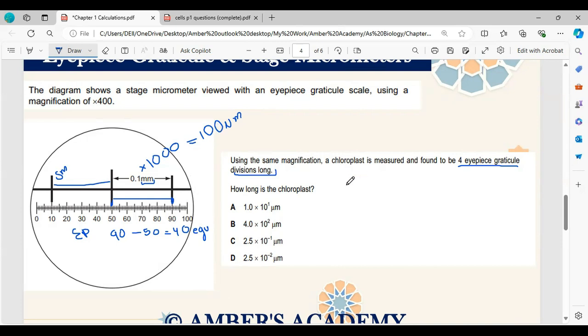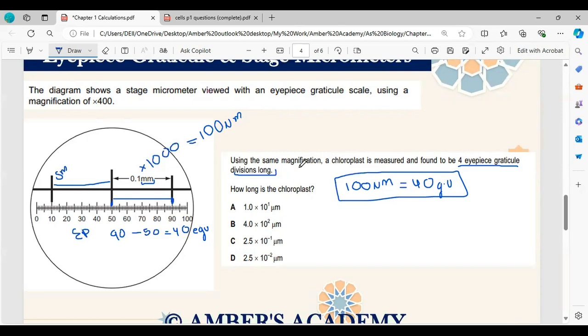With this being said, we are now able to establish our relationship, which is 100 µm of stage micrometer is equal to 40 eyepiece graticule units. I'm just writing graticule unit. Now, we have established a relationship over here that 100 µm of stage micrometer is equal to 40 eyepiece graticule units.